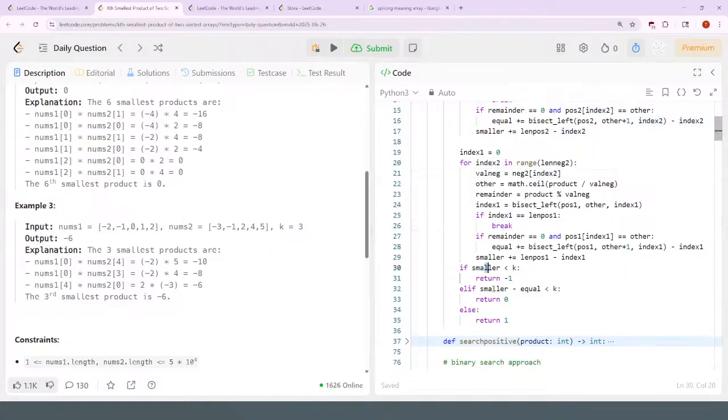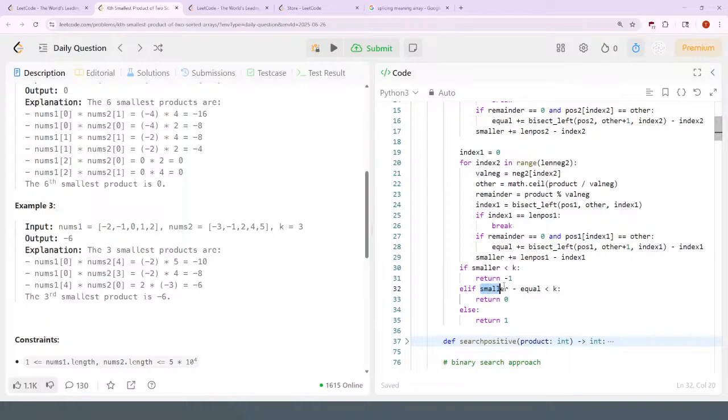And then finally, if after all that I counted a smaller number of products than k, like say I'm finding the 100th product, and there were only 50 products that were smaller based on this guess, then I'm going to return -1 because it's too small. I need to guess a smaller product, or actually I need to guess a bigger product. And then here's kind of a tricky one.